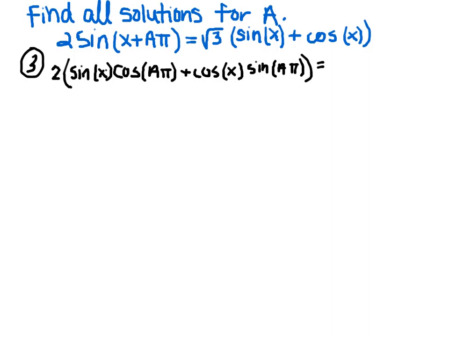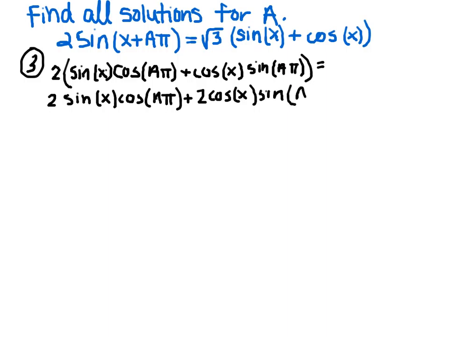Now we can distribute that 2 back in, and it goes to the first term as well as the second, so make sure you keep your parentheses with some of these problems, especially with negatives. So plus 2 cosine of x sine of a pi.